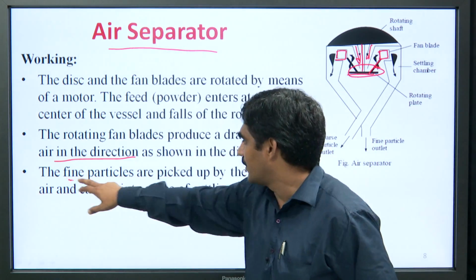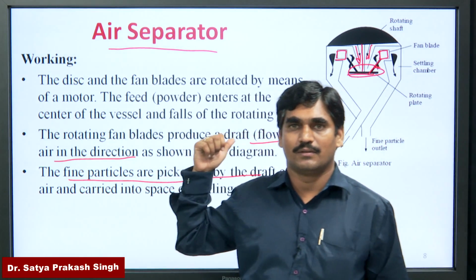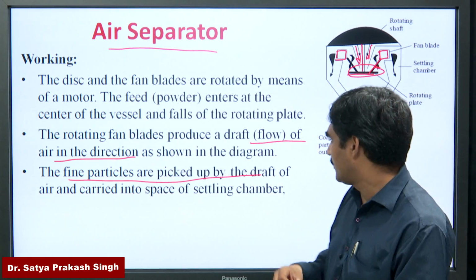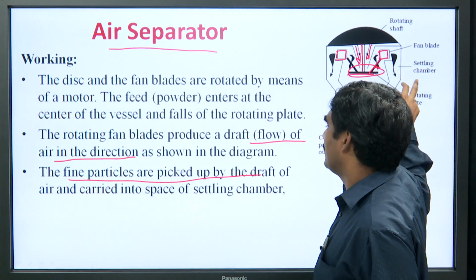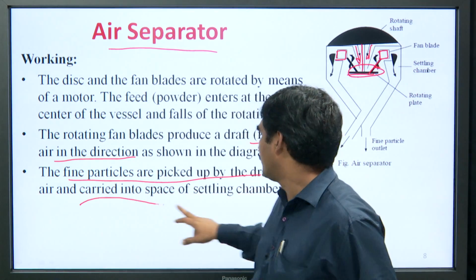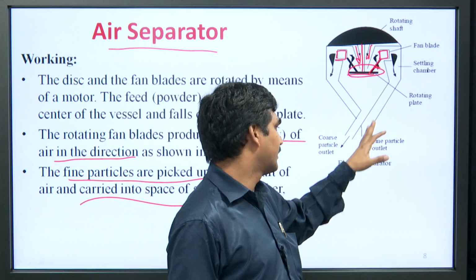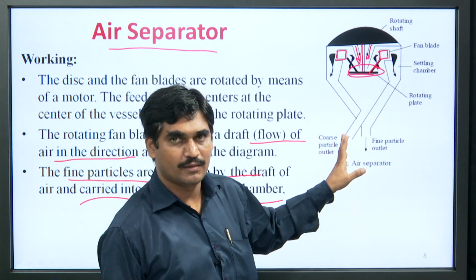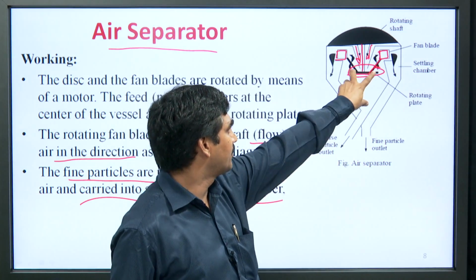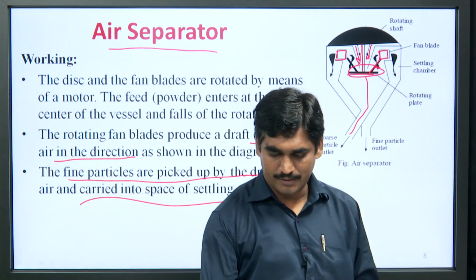The fine particles are picked up by the draft of air and carried into the space of the settling chamber, where the finer particles are collected through the fine particle outlet, and the coarser particles come down through the coarse particle outlet.